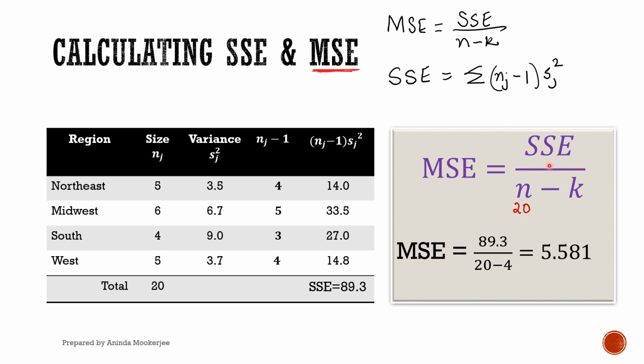So 20 minus 4 is what we are going to use in the denominator to find our MSE value. So 89.3, which we obtained from the table calculations, divided by n minus k, which is 16. So we get an MSE value of 5.581.